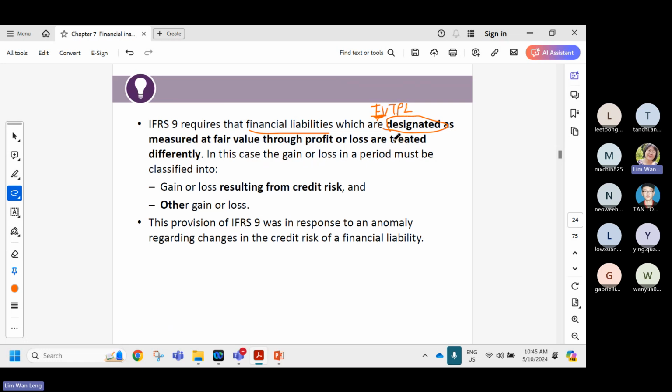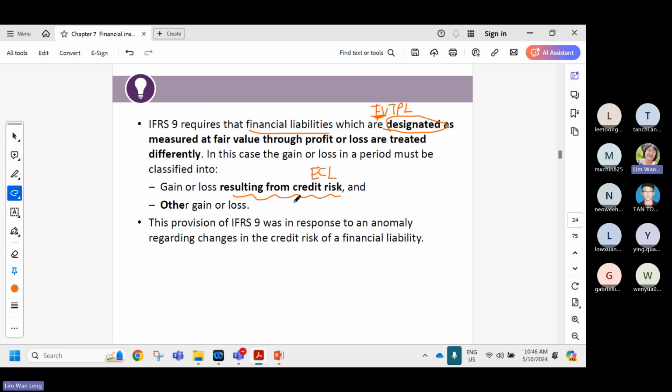But here, you must distinguish the gain or loss in the period resulting from credit risk, like what we have seen much earlier. I said that later financial assets and financial liabilities will be subjected to ECL, expected credit losses.